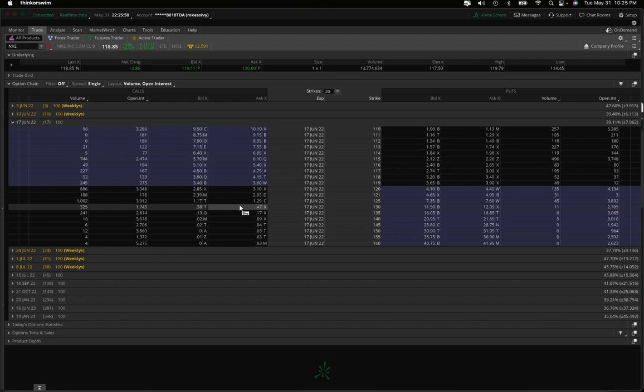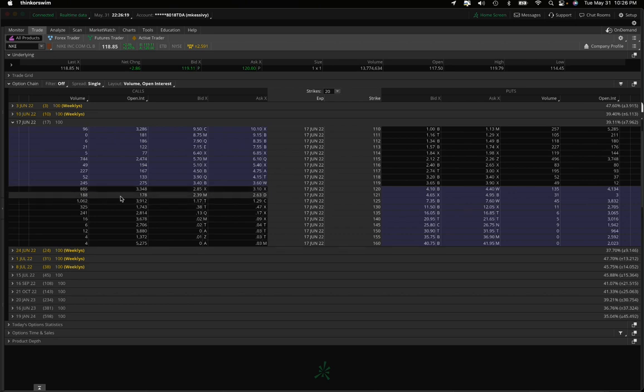We want to find a contract that has a lot of volume and a lot of open interest. So we can see that volume wise, 125 looks good. And then next would be 130 at 3. Oh wait, yeah, 120 is kind of expensive. I wouldn't fool with that one.